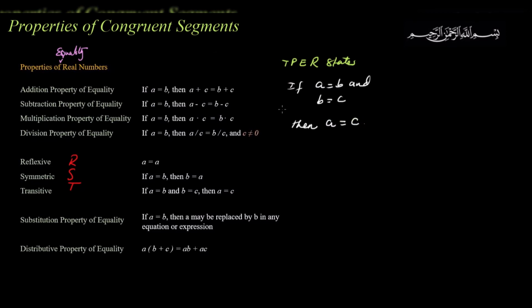So I'm going to write it like this. Transitive property of equality for real numbers states that if A is equal to B and B is equal to C, then A is equal to C. I'd like to bring a couple of things to your attention here. Transitive property of equality says A is equal to B and B is equal to C. So you have to understand there are two separate equality statements here.